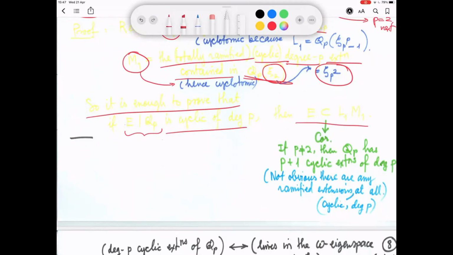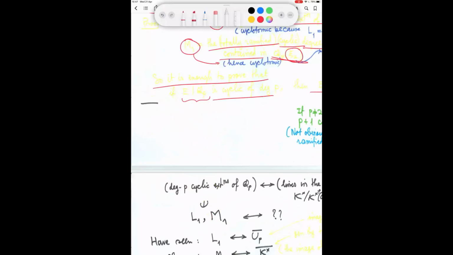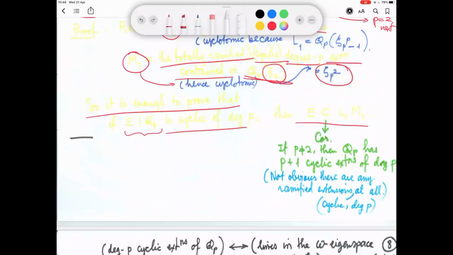It's enough to prove that because L1 is cyclotomic and M1 is cyclotomic, therefore their compositum is cyclotomic. And if E is contained in the compositum, then of course E is also going to be cyclotomic.